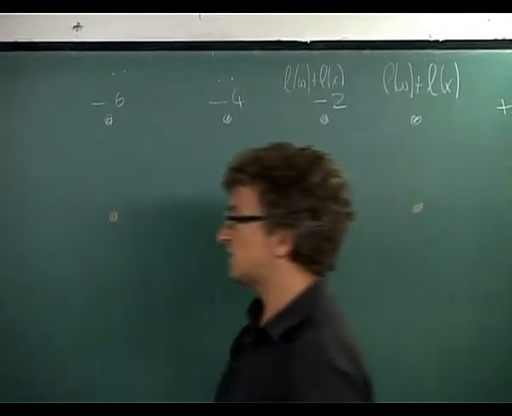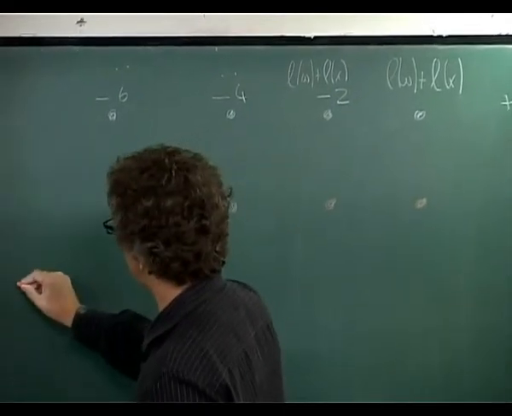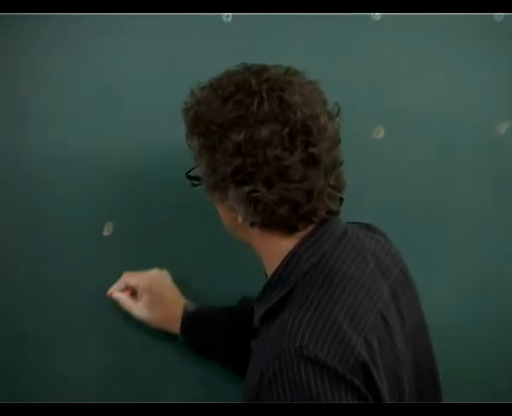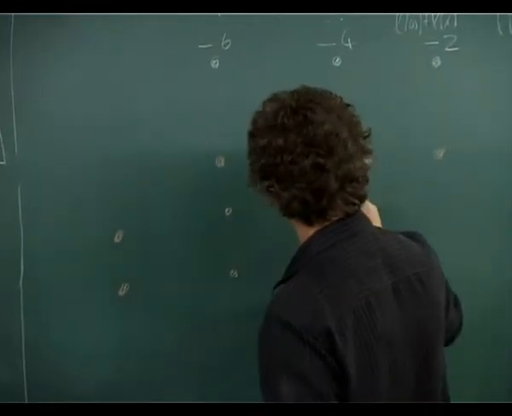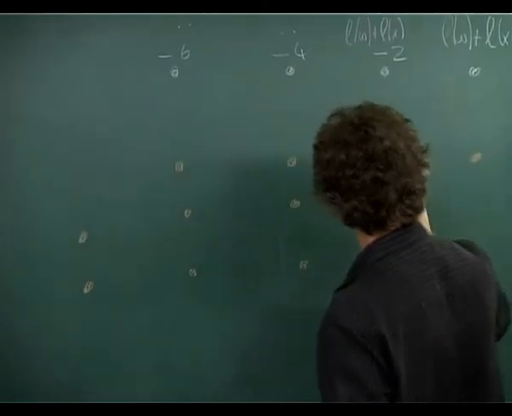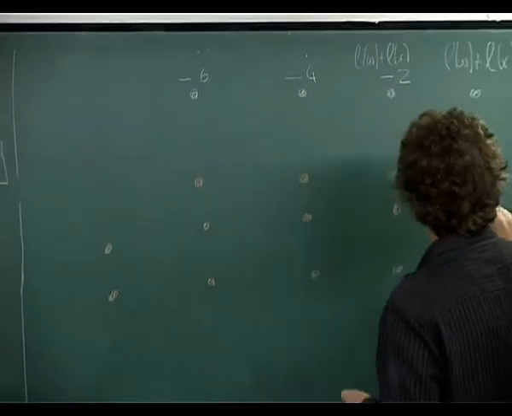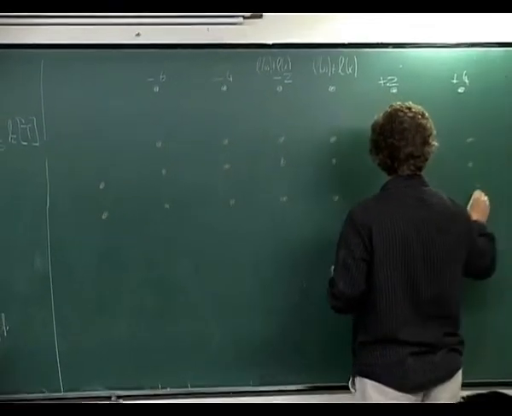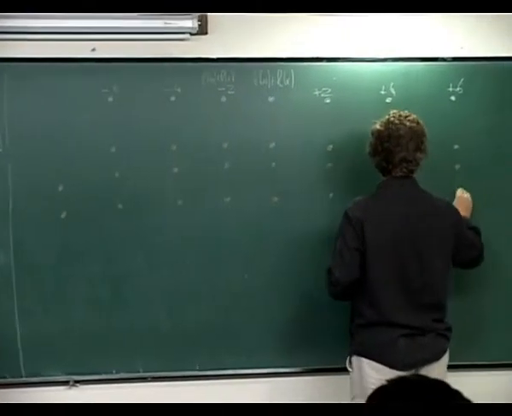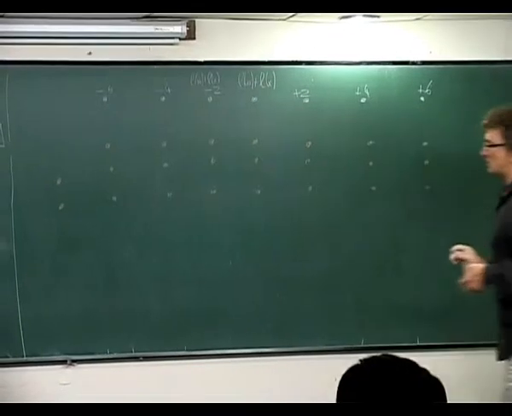And if we have a direct sum of those, then there might be, say, 2 generators in degree 8. So these generate these subspaces, and so on. And this goes up to infinity.